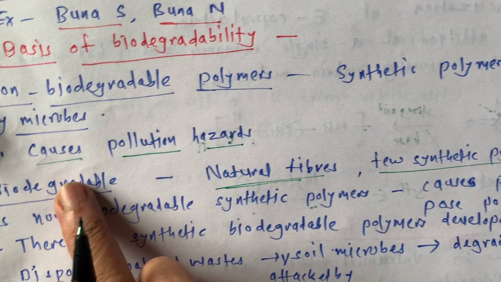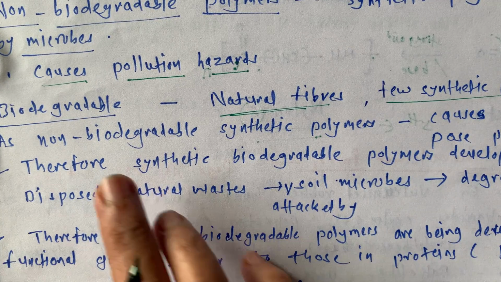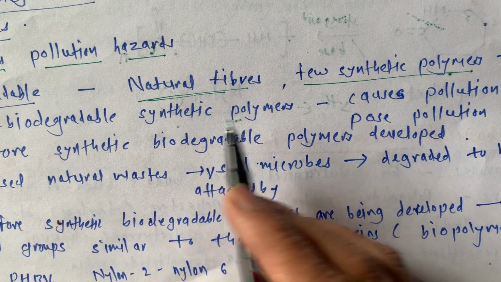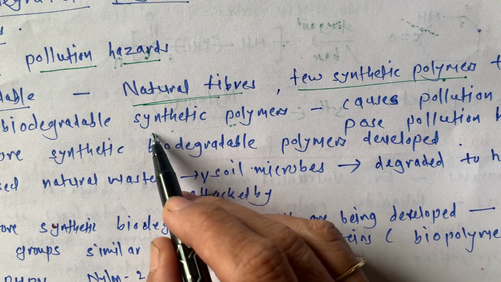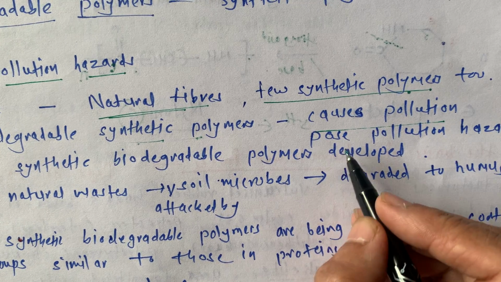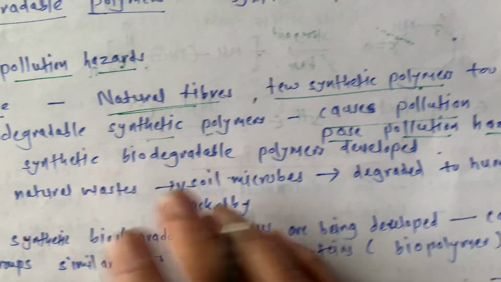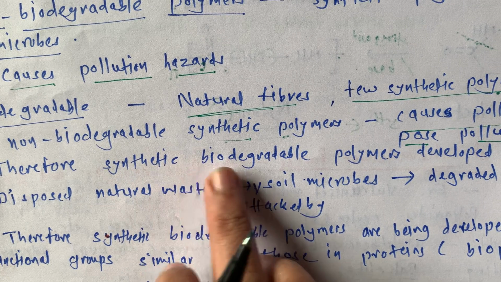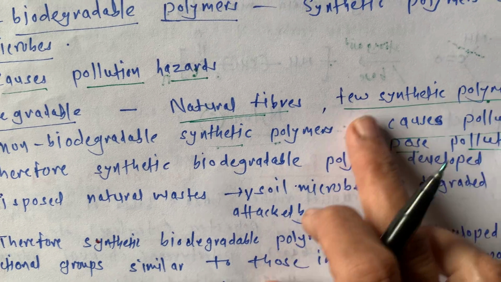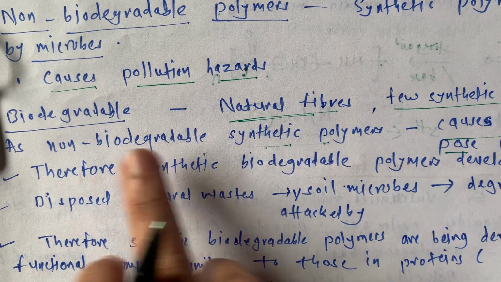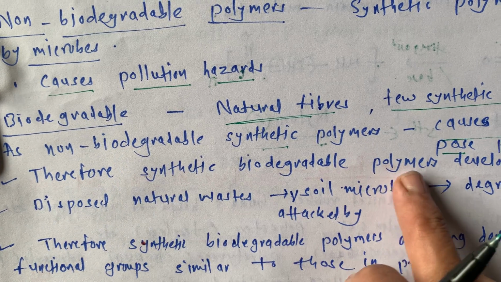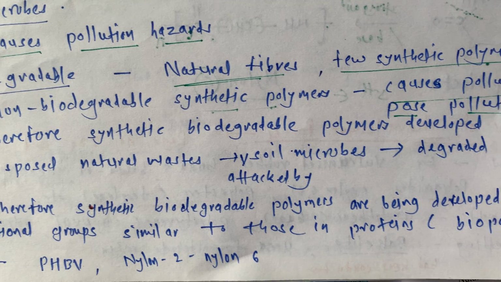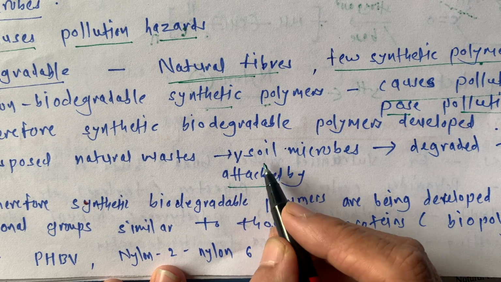Those are also under the biodegradable category. The non-biodegradable synthetic polymers pose a pollution hazard, and due to this scientists developed synthetic biodegradable polymers, which are attacked by soil microbes.